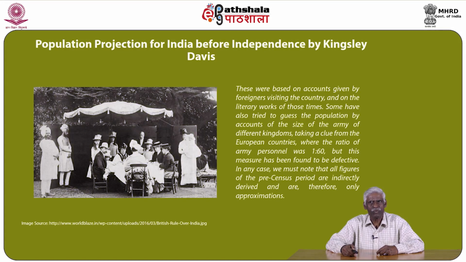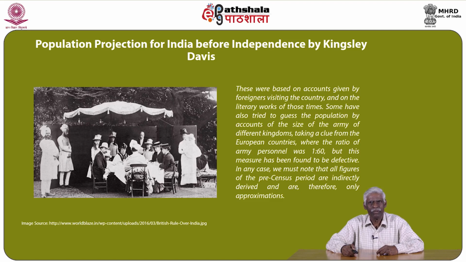These were based on accounts given by foreign scholars visiting the country and the literary works of those times. Some have also tried to guess the population by accounting for the size of the army of different kingdoms, taking a clue from European countries where the ratio of army personnel was 1:60, but this measure has been found to be very defective.